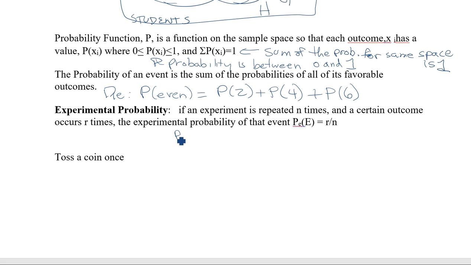So we could say that the experimental probability of an event is equal to the number of times the event occurs over the number of times the experiment was performed.